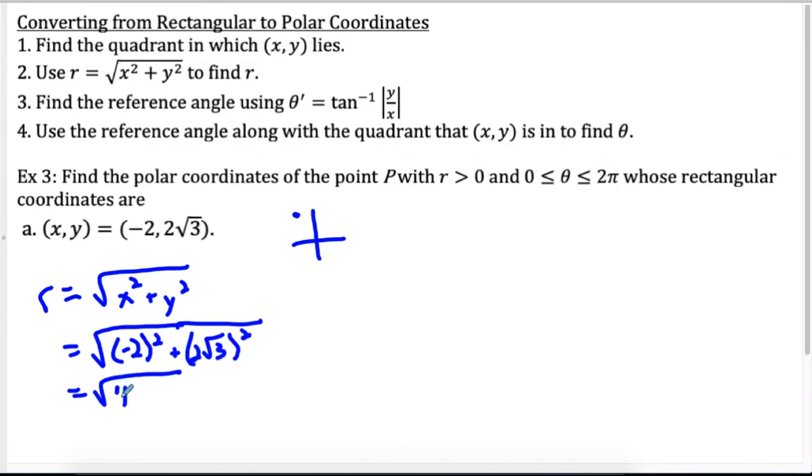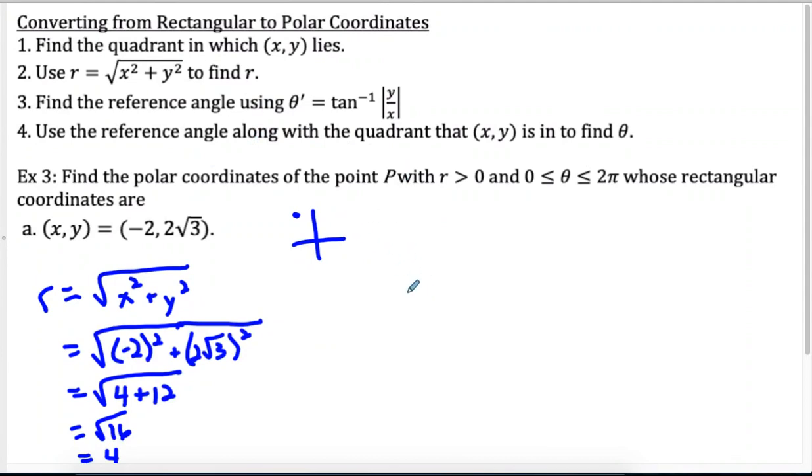So that'll be 4 plus, so this would be 4 times 3 is 12, which would be the square root of 16, which we can say is 4. So we already have our r coordinate, that would be 4.